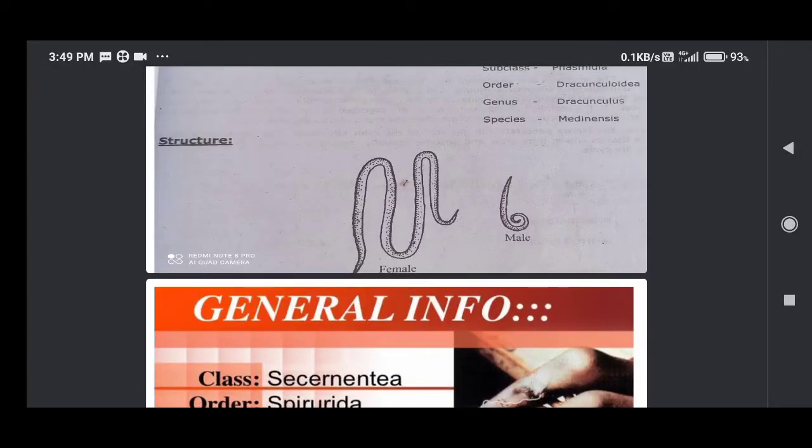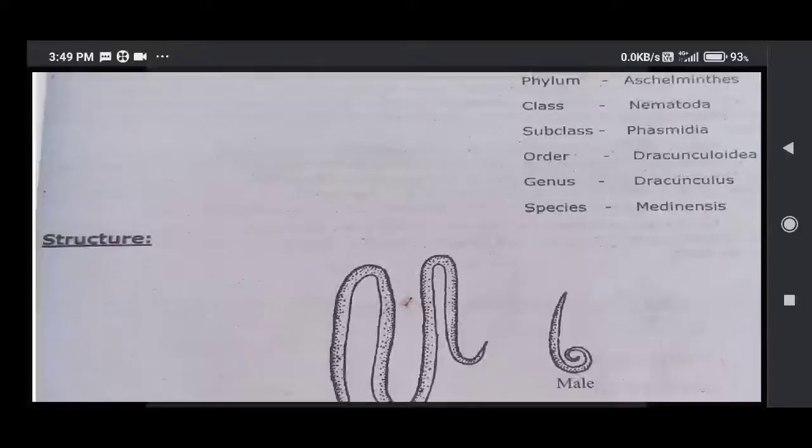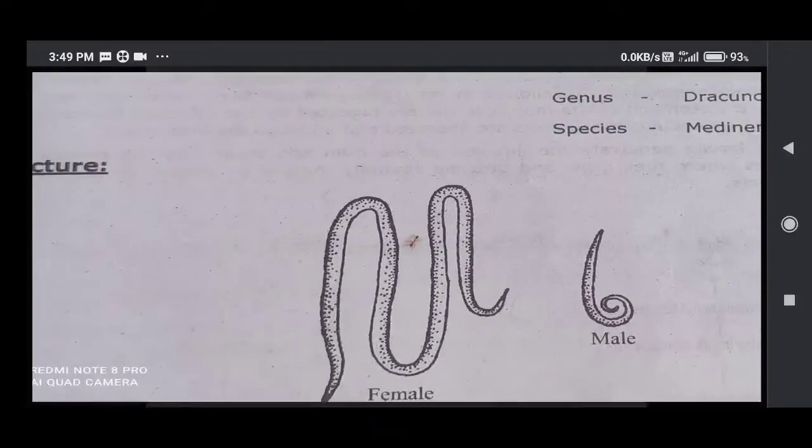Next, the structure of this nematode, Dracunculus medinensis. The female is the largest nematode, with a length of up to 60 centimeters, while the male is about 30 millimeters. The male is very small, the female is largest. In the anterior one third of the body, the female genital pore is open.